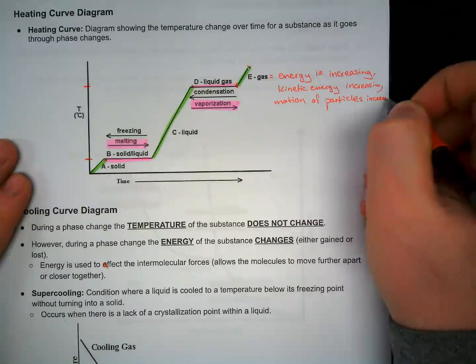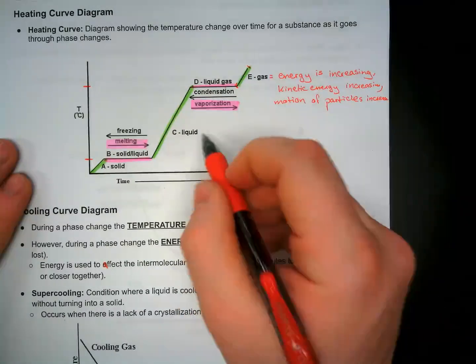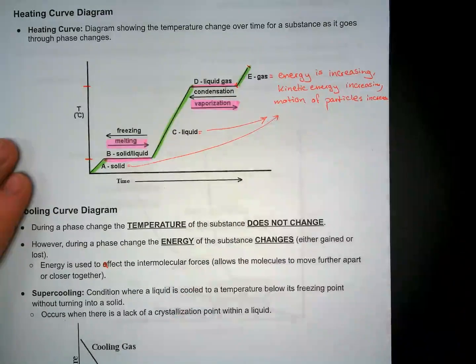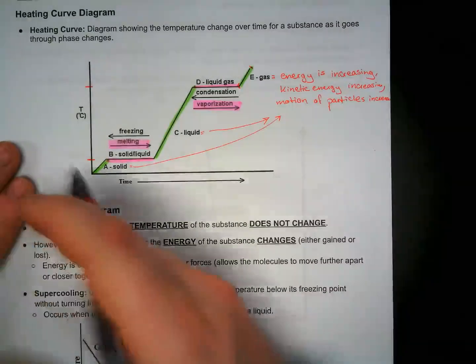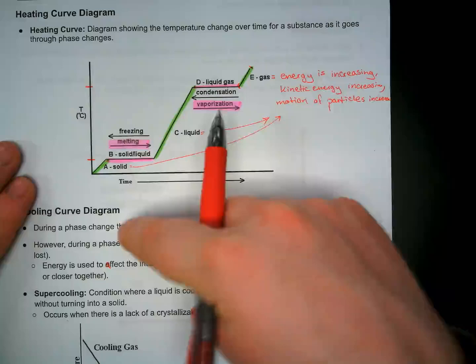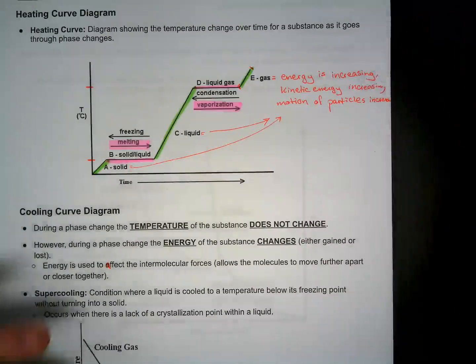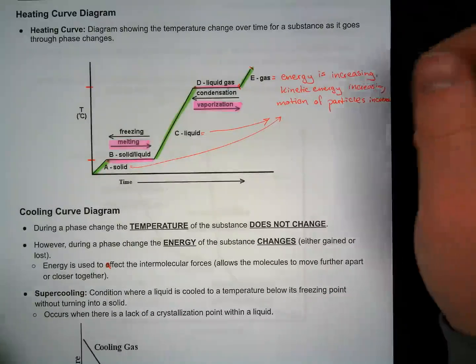Okay. So we can say that for right here as a gas. We could say the same thing for the liquid. We can say the same thing when it is a solid. Again, as the temperature increases, it's the opposite when the temperature is decreasing. Instead of energy increasing, energy is decreasing. Kinetic energy decreases. Motion of the particles decreases.